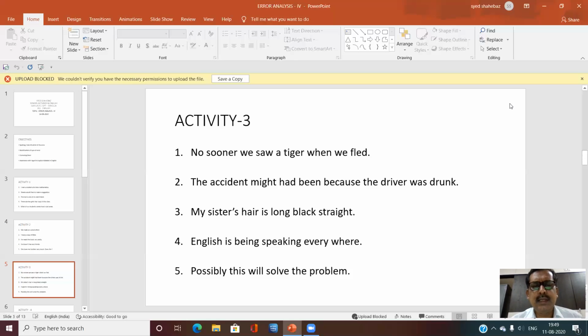Next, English is being speaking everywhere. So the sentence has to be in passive voice. English is being spoken everywhere. Being spoken, passive voice. Next sentence, possibly this will solve the problem.